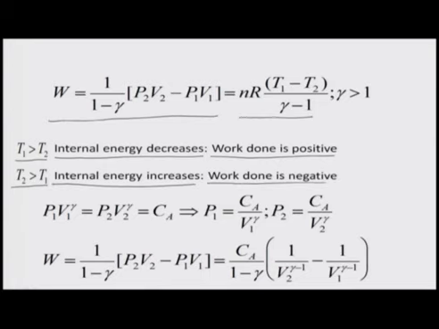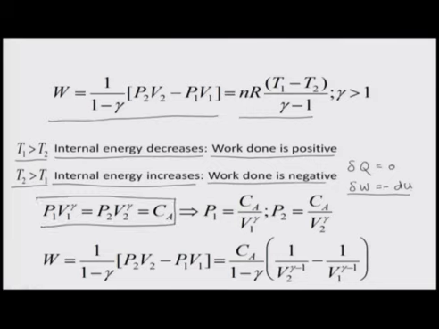Well, remember here delta Q is 0, which tells me delta W equals minus delta U. This is very important. I just wanted to show a few more mathematical steps. Since we have this relation all through in an adiabatic process, we always have this relation satisfied: P1 V1 to the gamma is equal to P2 V2 to the gamma is equal to Ca.